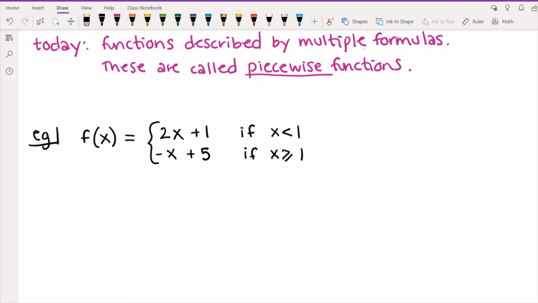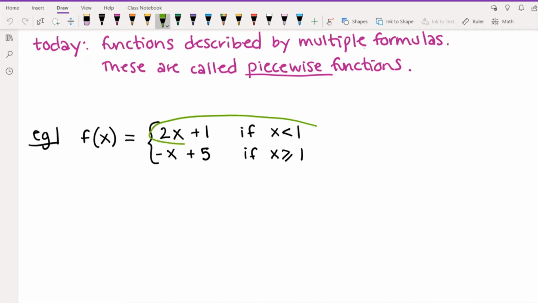And then a really important part of a piecewise function is what's going on over here. You want to think of piecewise functions as instructions. They're telling you that depending on what your input is, you're going to use a different formula. So it says 2x plus 1 if x is less than 1.